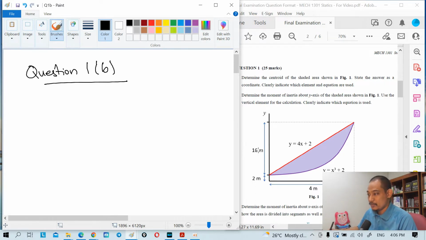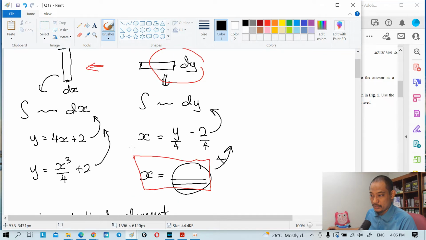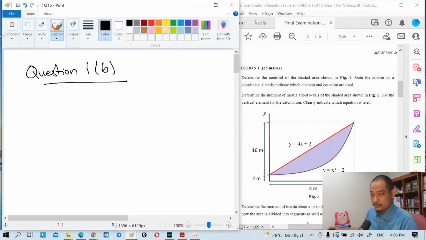The equation is again the same idea as the previous one, meaning which element you can use. So we will use vertical elements, so it will be dx, and this will be y2 minus y1.